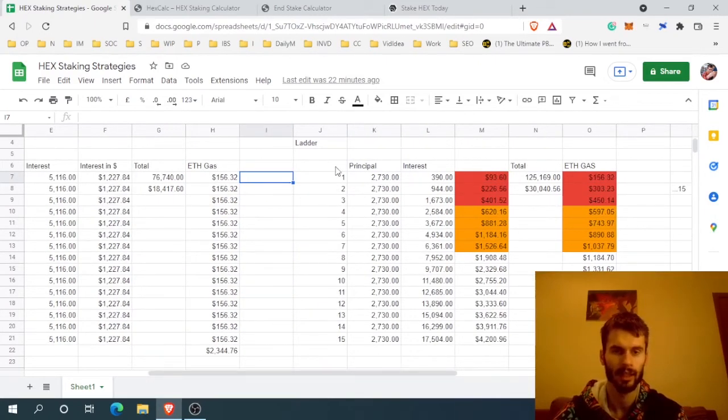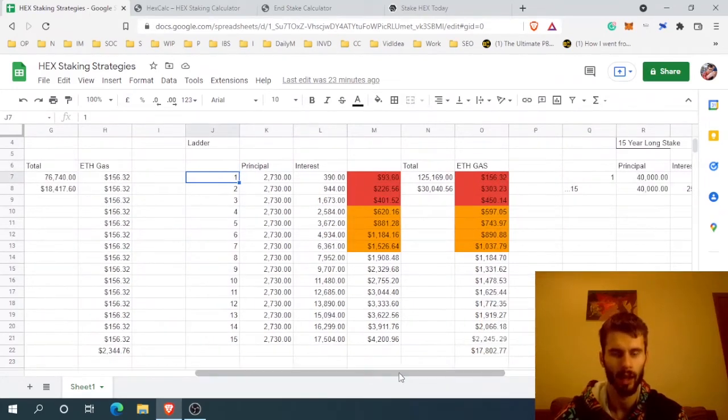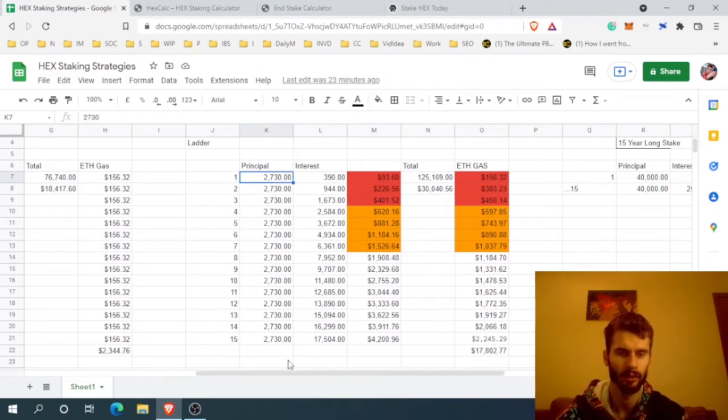Let's talk about a Hex staking ladder. What is the idea behind it? The idea is that you have your initial sum of money, and in this example it is the same $10,000, but we divide it into 15 years, and that leaves us with 2,730 Hex to stake for every single year.